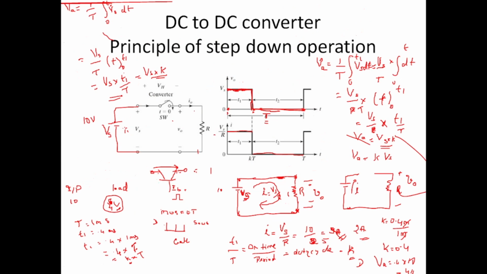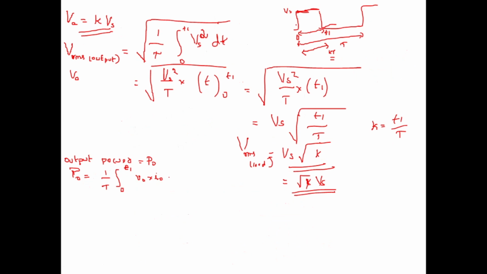So we need to use this I naught and this V naught, the output voltage, into dt. That's the reason for this 1 by T.